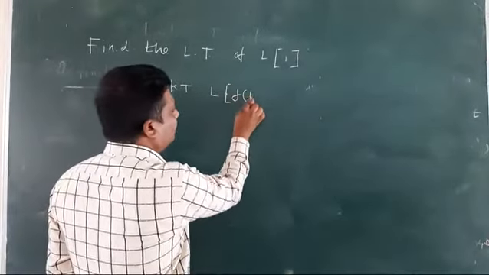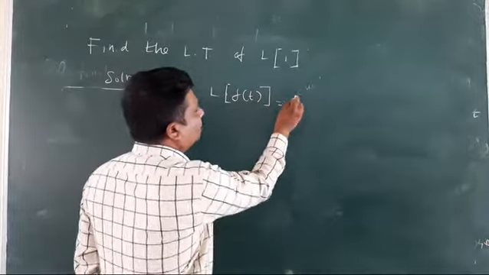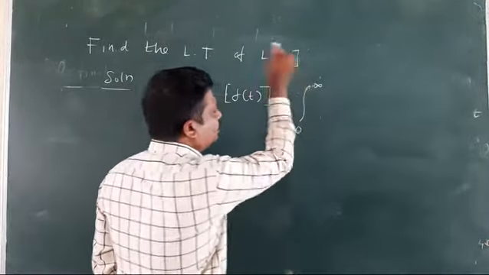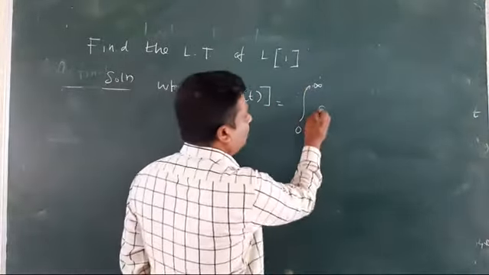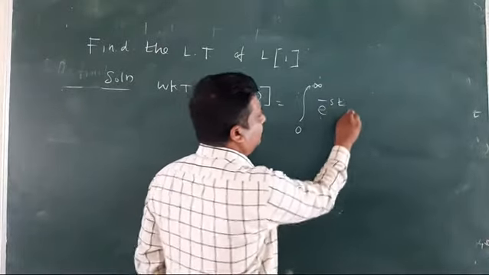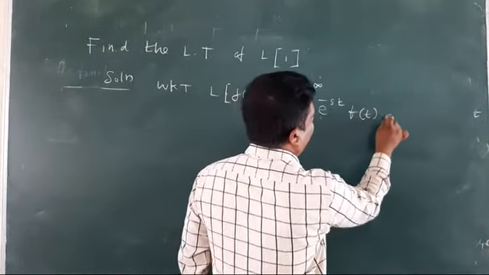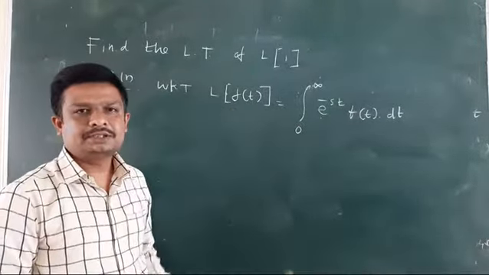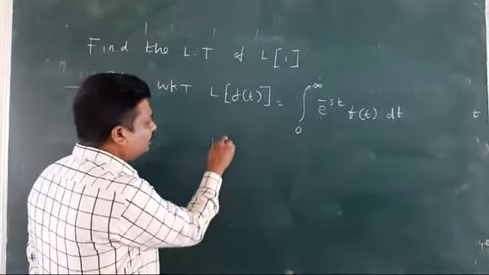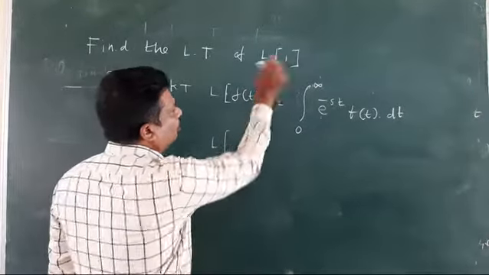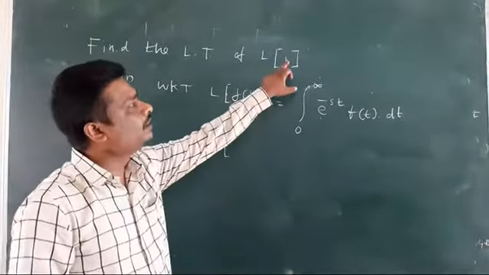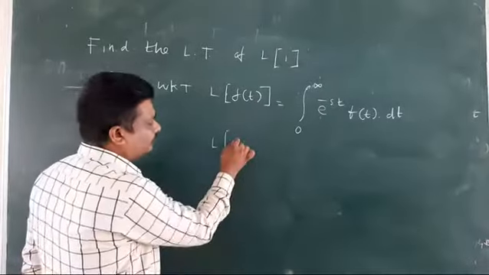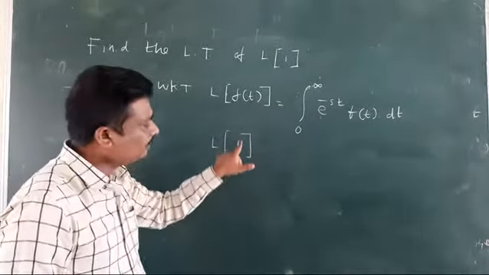We know that L of f of t is equal to integration 0 to infinity e to the power of minus st f of t dt. This is the definition of Laplace transform. Now I will put f of t equal to 1 because I am finding the Laplace transform of 1.